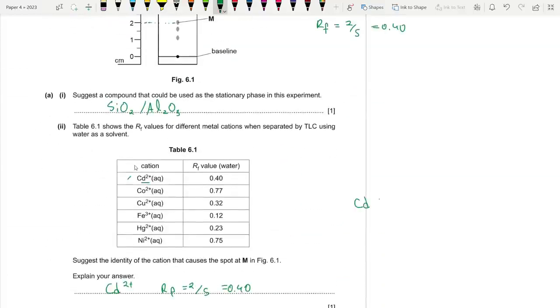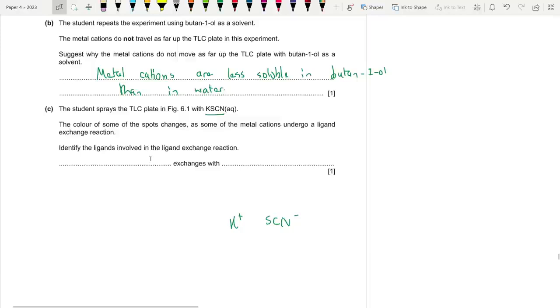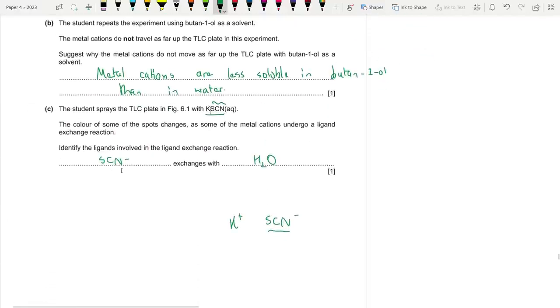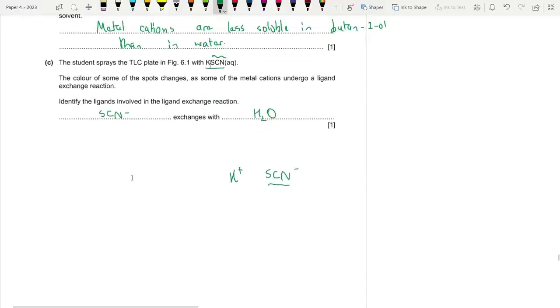It was basically water, remember, Cd(H2O)6, something like this. So the ligand water is exchanged by the SCN anion. K+ is not a ligand, you guys know that. So what's remaining is the SCN part, the possible ligand with the lone pair. SCN exchanges with H2O.